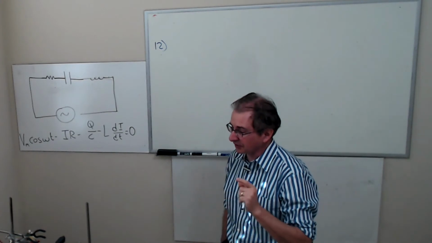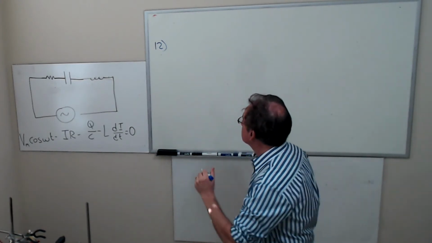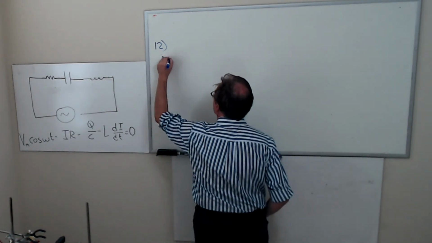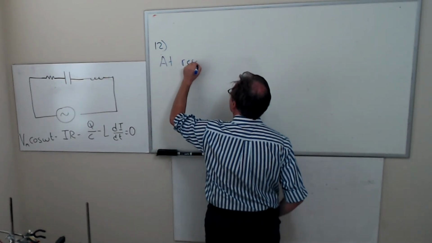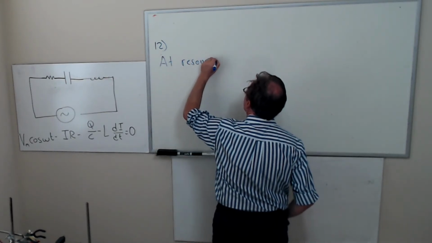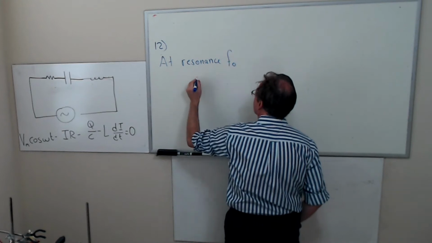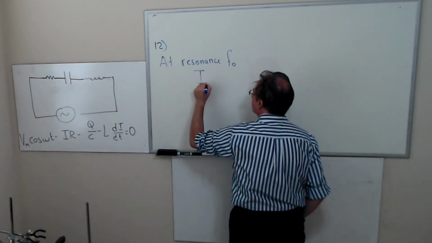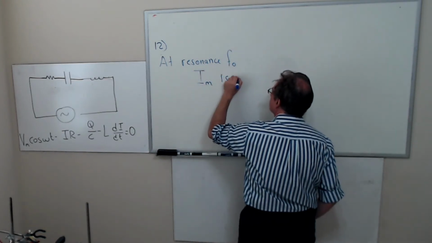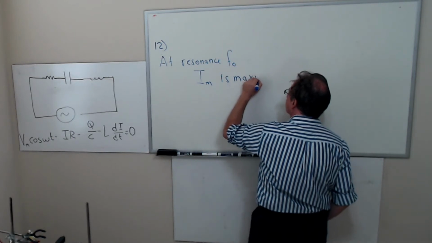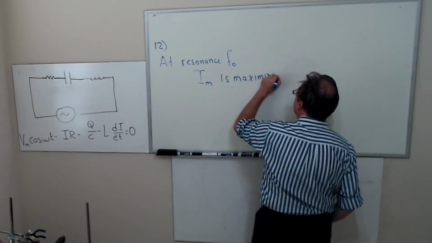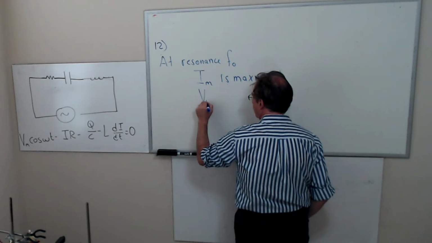At the resonance frequency, so at resonance, I sub m is maximized, and V sub r is maximized.